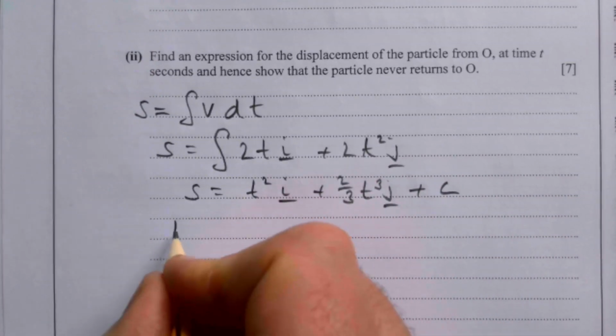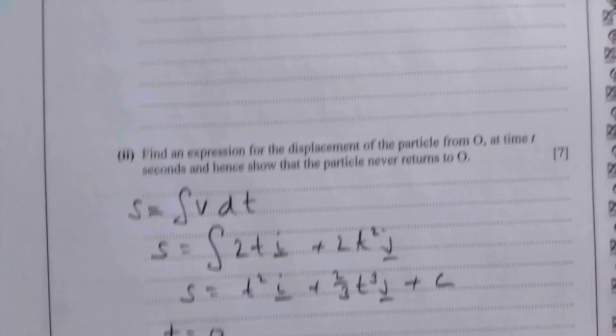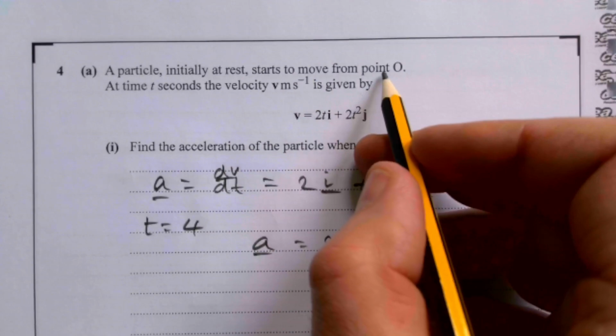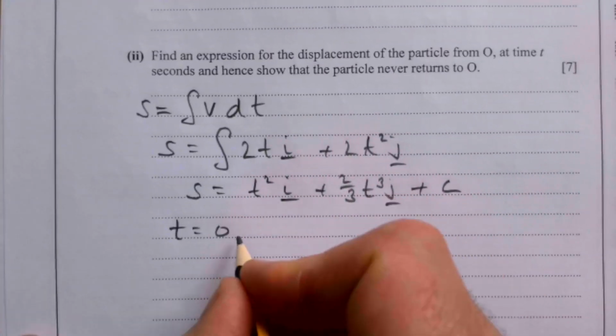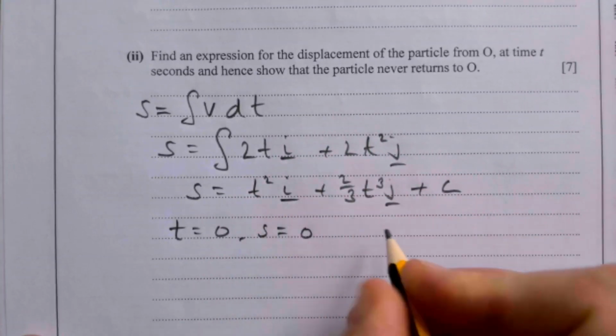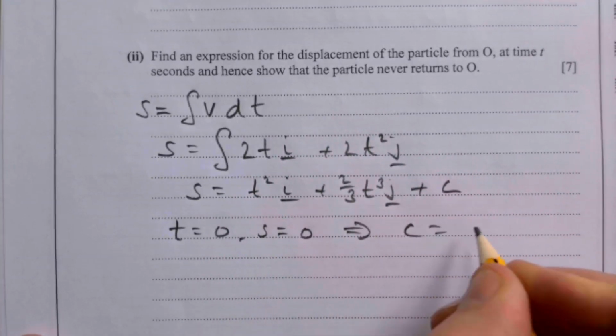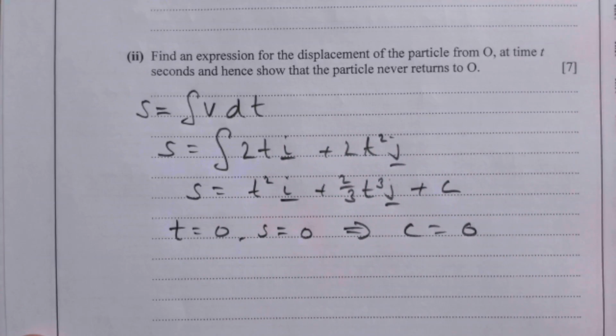Now we know that whenever time is 0, it starts to move from our point O. So when time is 0, S is 0, and that means our c in this case is just going to be 0.